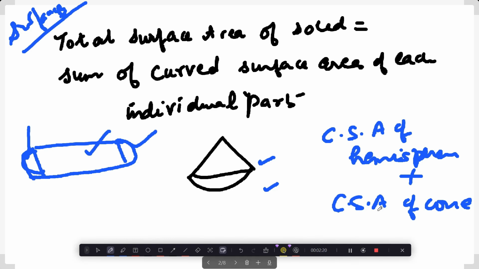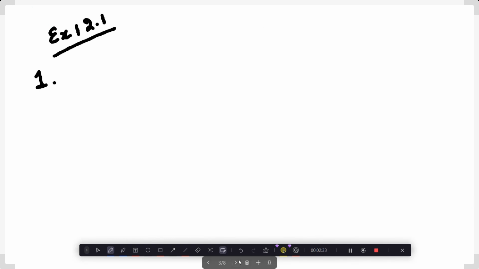Let's solve certain questions and we will get to know the answers along the way. Let's look at question number 1 of exercise 12.1. It says two cubes of volume 64 cm cube are joined end to end.